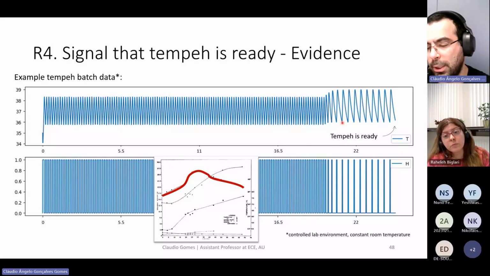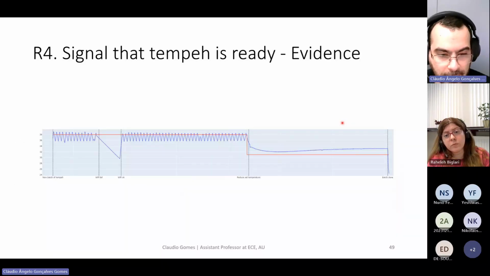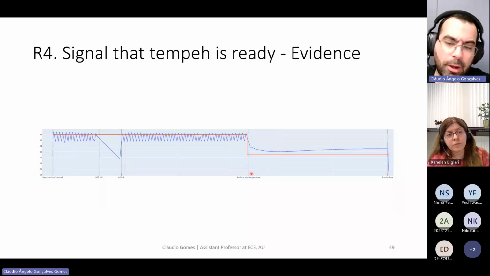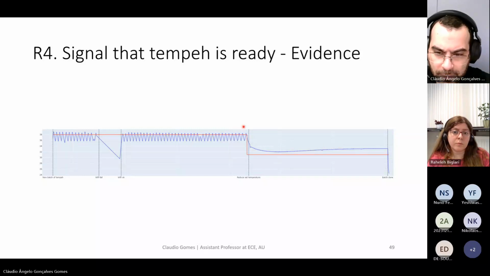So it's possible to detect when the tempeh is ready. We just need a lot of data because this is a biological system. And here is an example of a real data set where in this case we could turn off the controller after a few hours. I don't remember how much time in this example. We could turn it off, and you could actually see it can still sustain itself after a while.